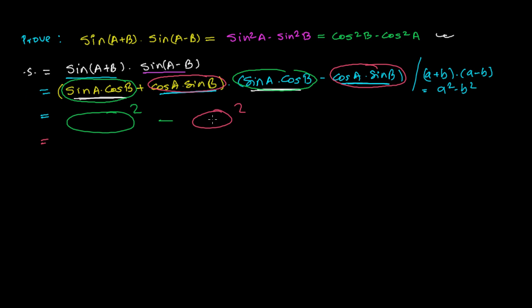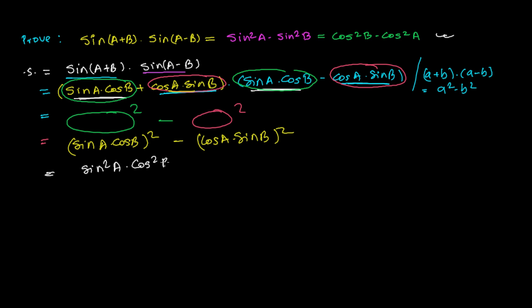In green we have sine a times cos b, the whole square, minus, in this red one, cos a times sine b, squared. So it will be sine square a times cos square b minus cos square a times sine square b.